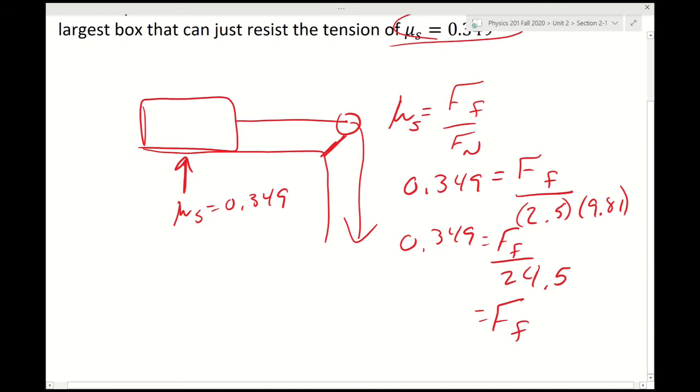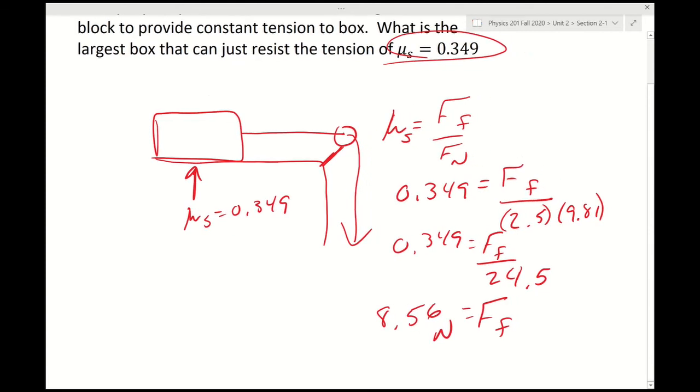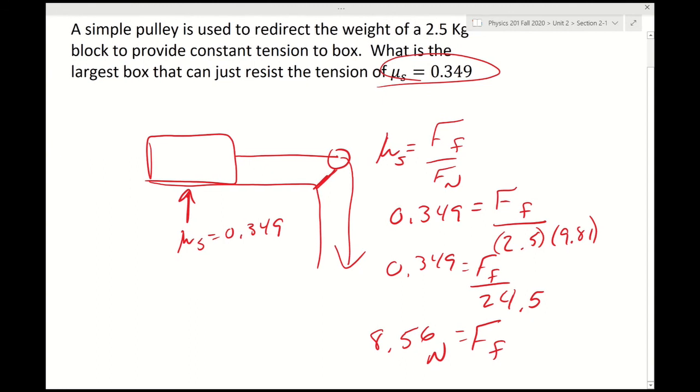So your force of friction, the maximum, is about 8.56 newtons. Once you exceed that value, then the box will start to slide along the table.